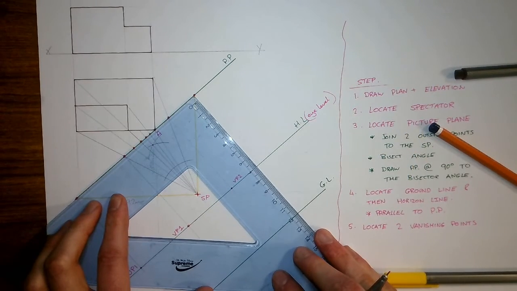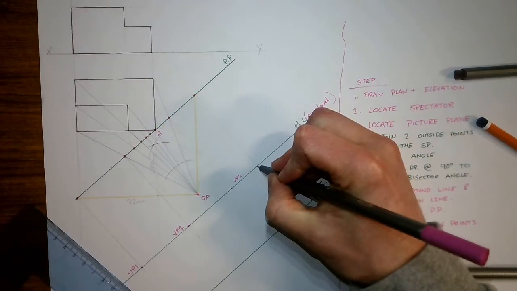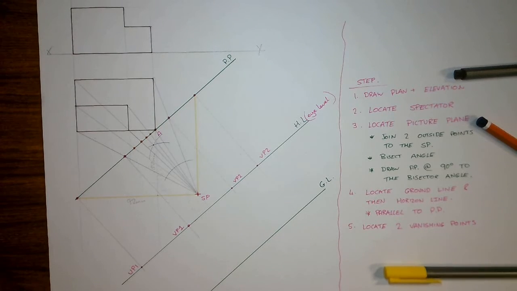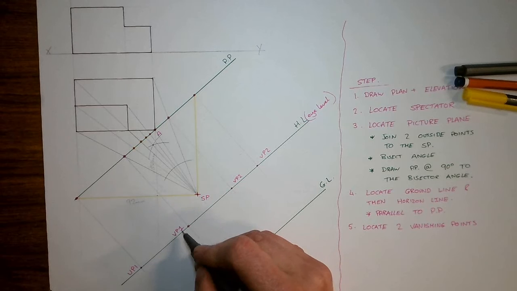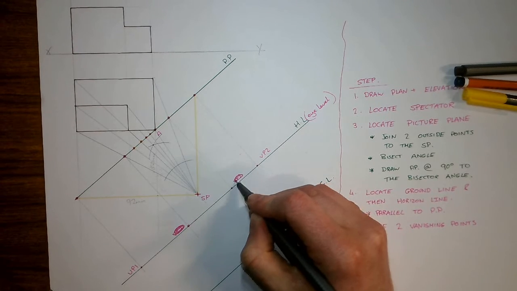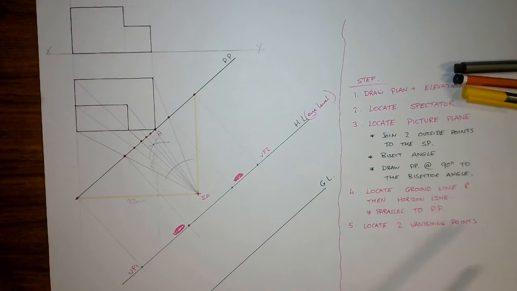And then this one, I'm going to take it down. That is going to be vanishing point 2. Okay. So to locate now, so these two, I'm just going to rub them out for now. Don't really need them in this question. Okay. So VP1 and VP2. So we finished locating our vanishing points.